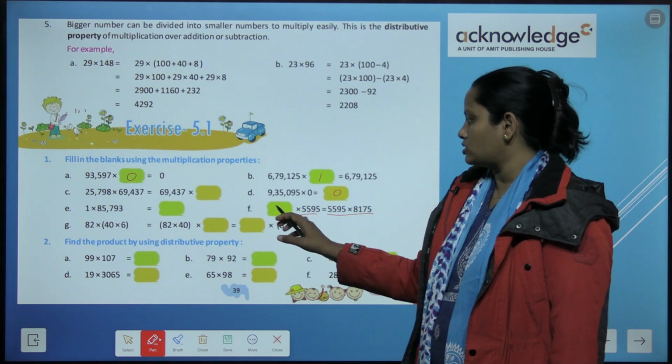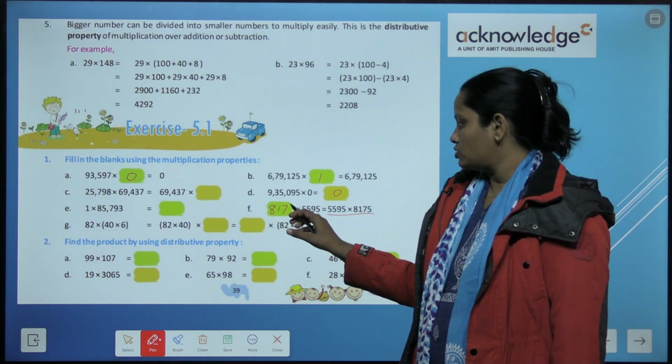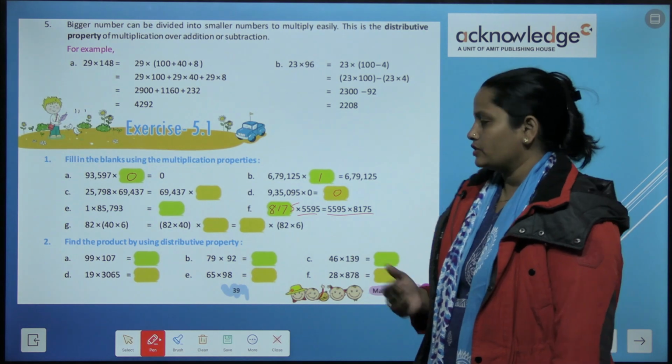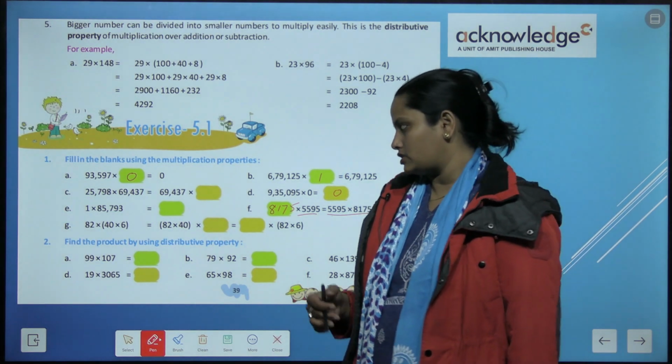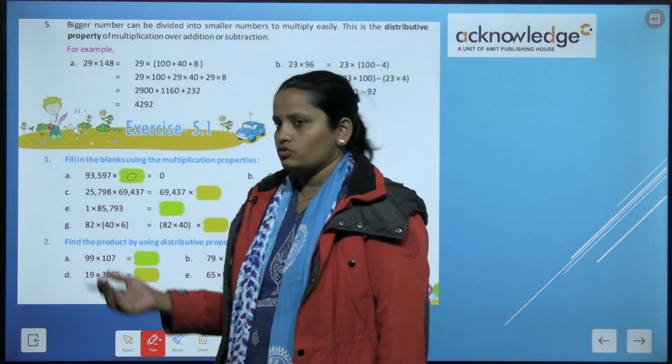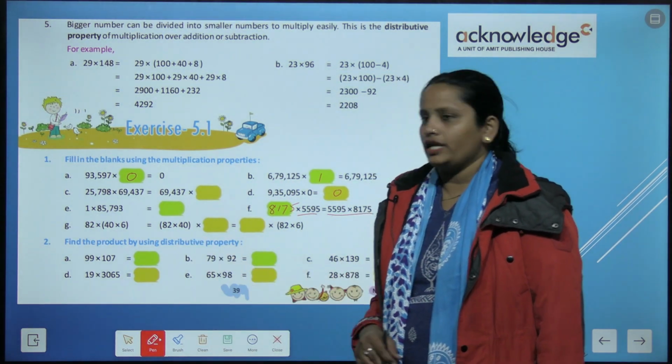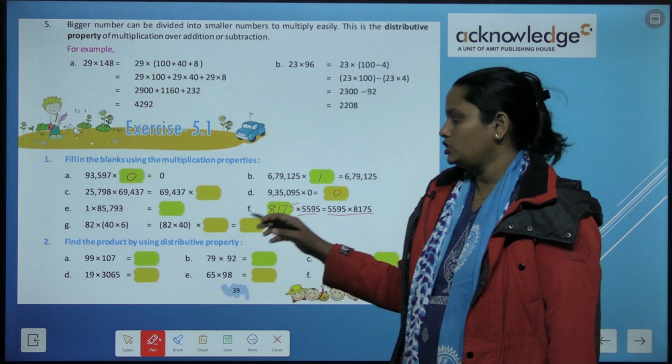One number is written, and we write the other number. So if we change the position of both numbers, it will not affect the multiplication. Similarly, you have to do the rest of the questions. Now let's move on to question number 2.